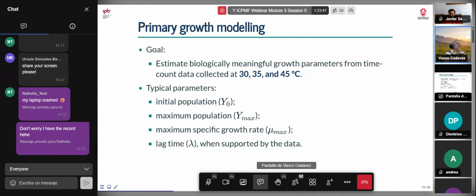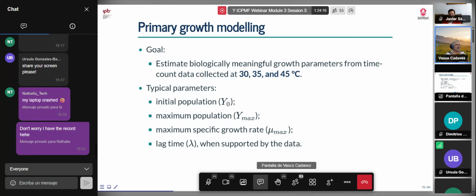Okay, so I will make a small example of the primary growth. You already know we want to estimate the growth parameters from time data that we collect in different conditions, maybe at different temperatures, at different food characteristics, or whatever. So we have different environmental effects. In this case, it is temperature.